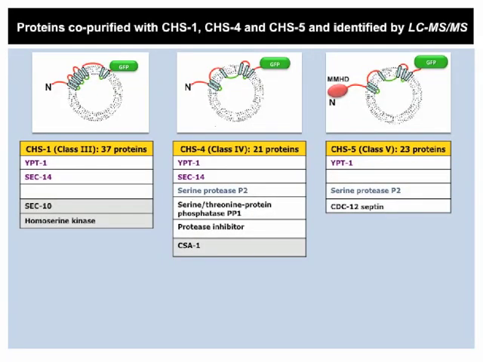But what we did, having these GFP tags, is to precipitate the putative proteins that interact with this chitin synthase. We did that for chitin synthase 1, 4, and 5, and we found YPT1, which is a RAB GTPase that I'll talk about more later on.